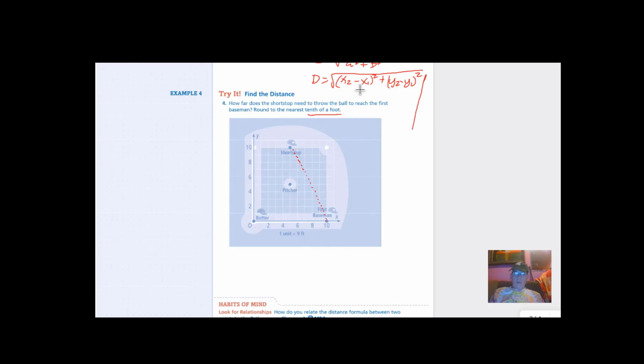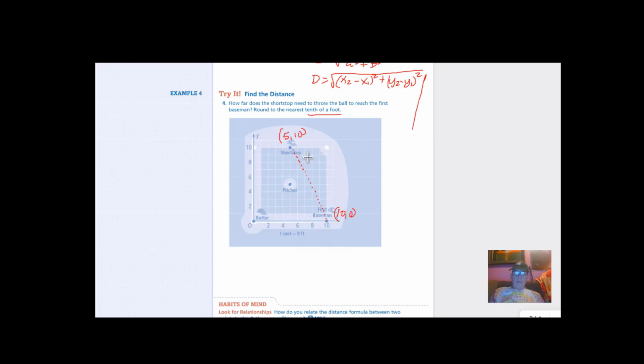So using what we talked about with the distance formula, let's find the coordinates of where the shortstop's at. The shortstop is over 5 and up 10, so he's at 5, 10. The first baseman is at over 10, up 0. He's at 10, 0. And we want to find the distance between these.